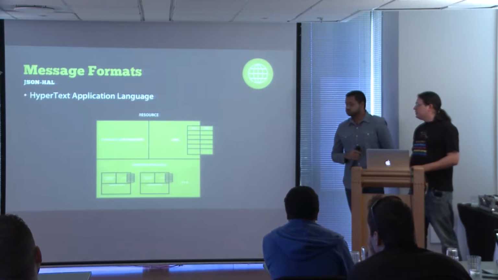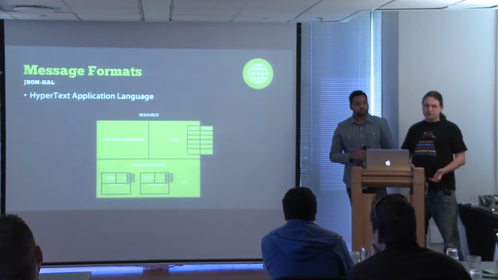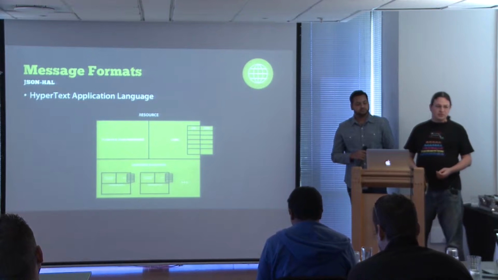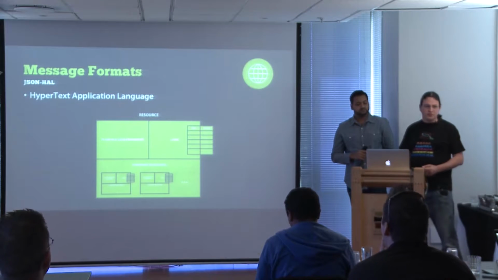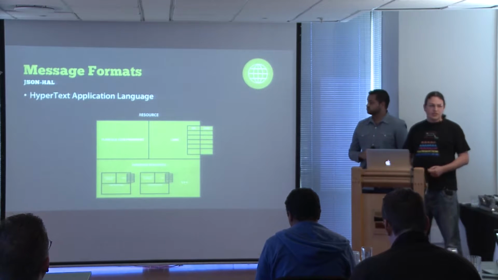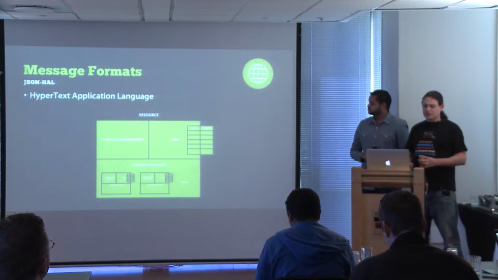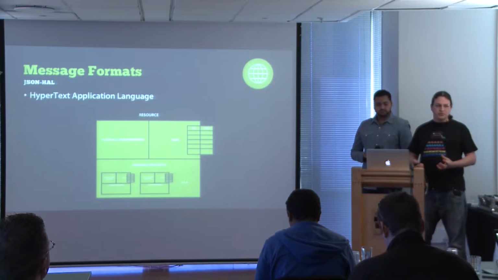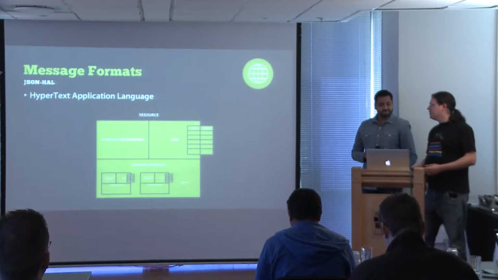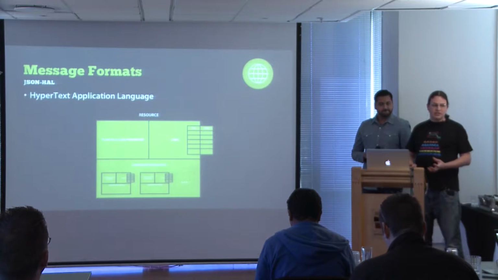In addition to just the basic choice between XML versus JSON, there are a few more specialized message formats that are designed for use with REST. One of those is the Hypertext Application Language. What that basically says is it's a standard way to format your JSON message, or your resource representation rather, so that you can easily get certain things out with your client-side API tooling.